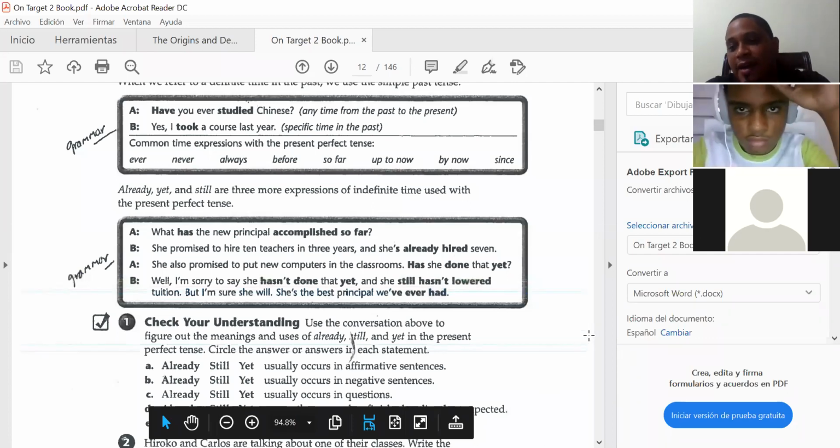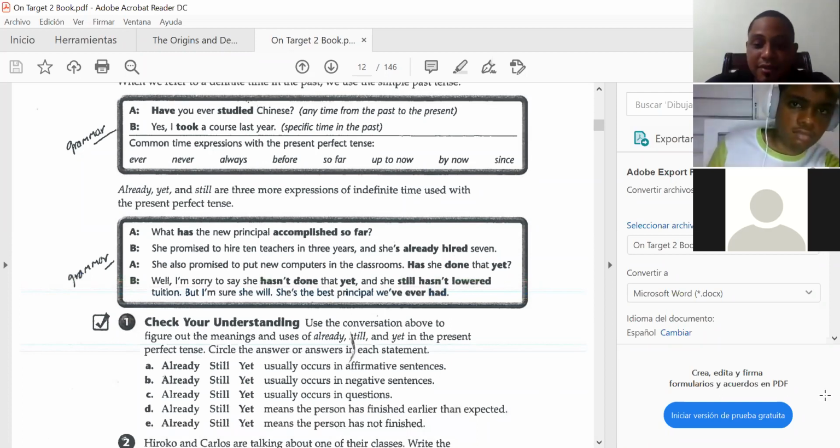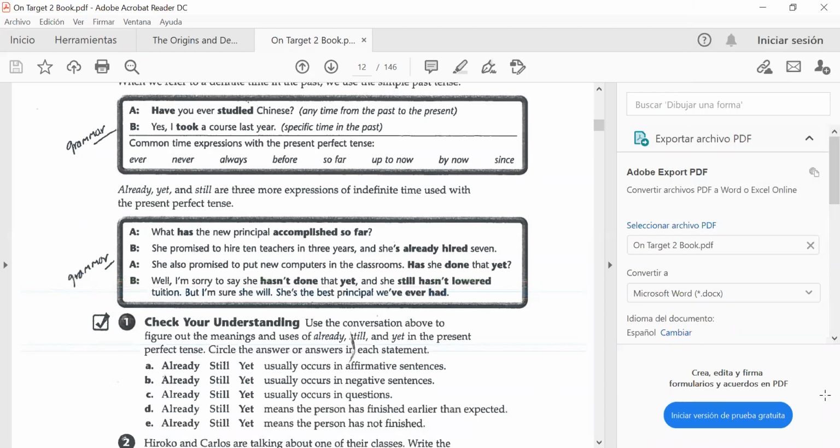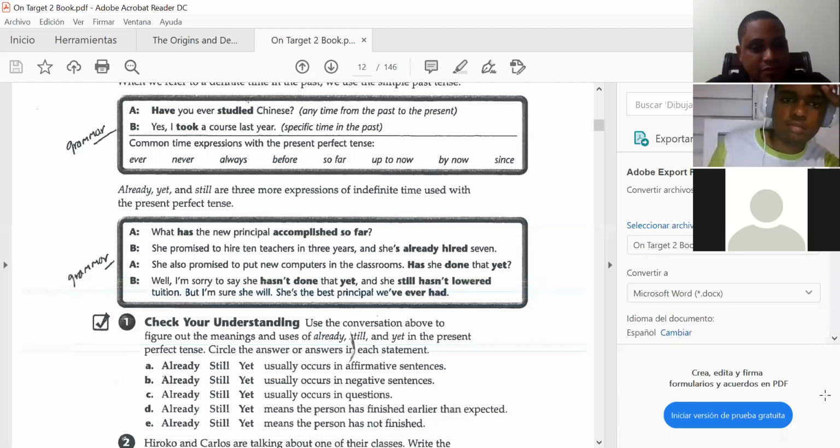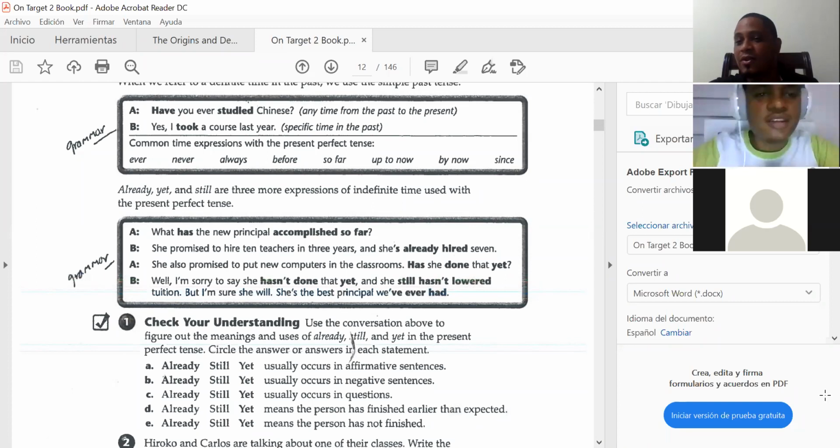Don't talk like that because I don't know who's talking. So what's one of the differences between present perfect and simple past? Does any one of you remember? Yes. What's the difference? Sorry, I muted you.